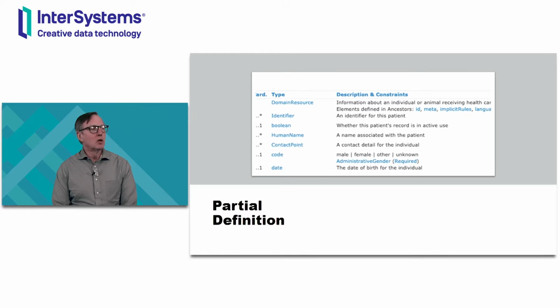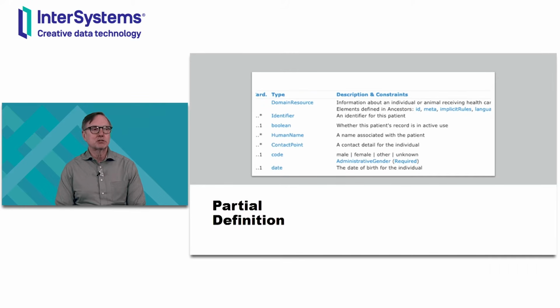Here's an example of one such FHIR resource. It's only a partial definition, but you can see there are many different fields, including things like the identifier, whether the patient's record is active, the human name, etc. Some of these properties are not simple data types.